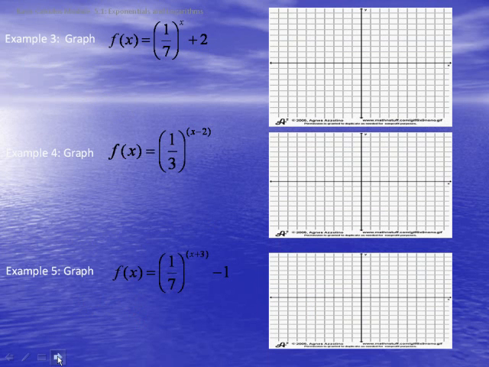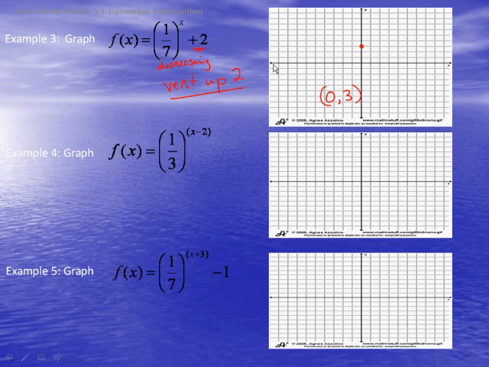Okay, now let's look at this first one. Notice that this is going to be decreasing, and since the 2 is on the outside, that means it's going to be a vertical shift up. So it used to be 0, 1, but now that it's shifted up 2, it's going to be 0, 3.